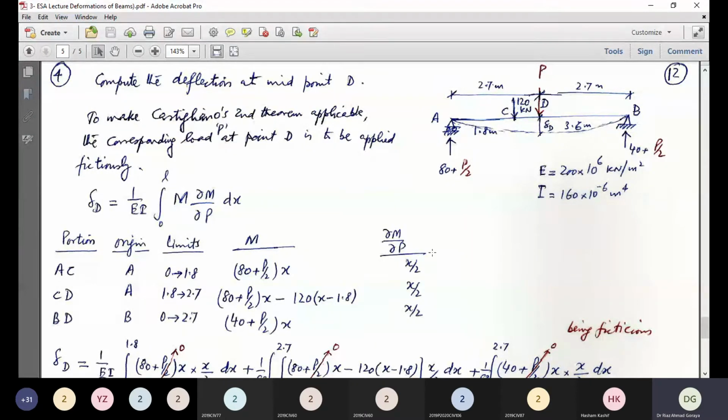Now the next thing is to take the partial derivative of this M value with respect to P. Now we will consider only the terms with P, nothing else. So it will be Px by 2, here also Px by 2, here also Px by 2. So partial M over partial P will be x by 2, x by 2, and x by 2. Very simple.